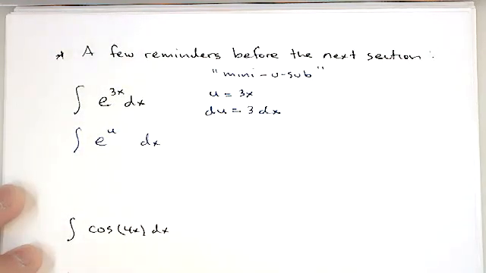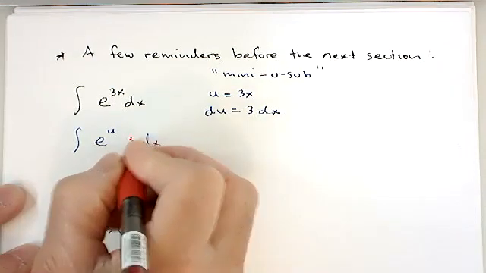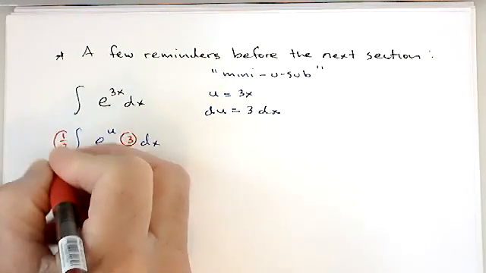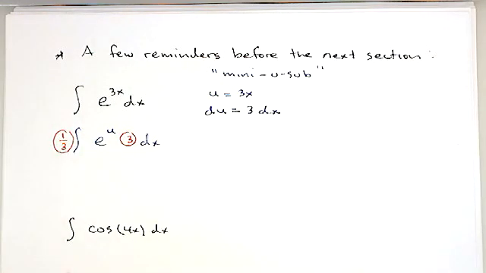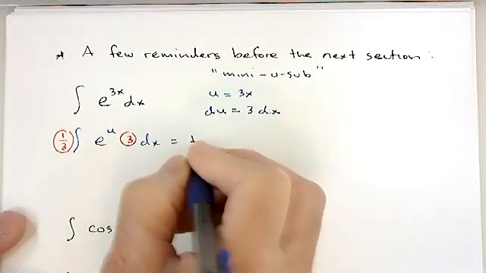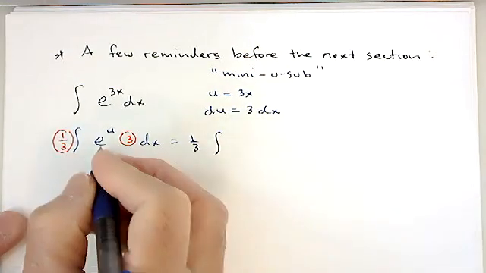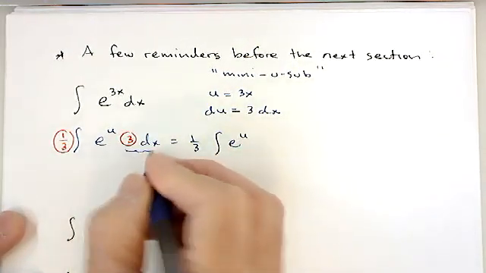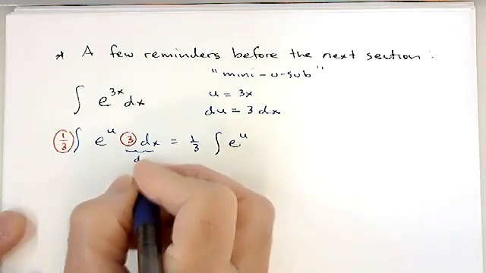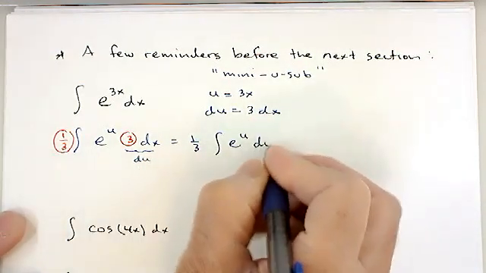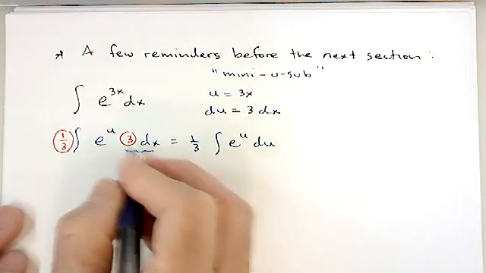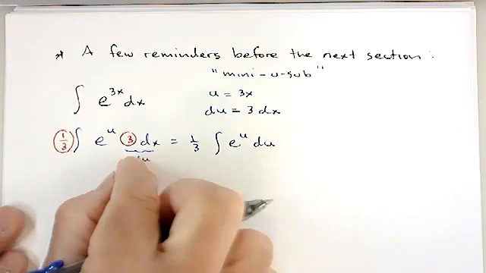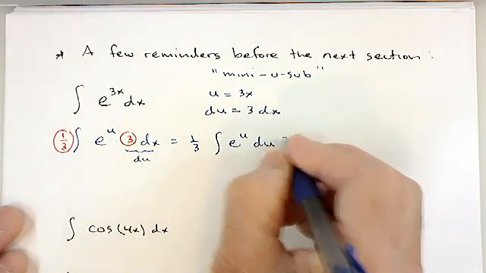So I would just need to wish for a 3, compensate with a 1/3 outside, and this turns into e to the u, and the 3dx is a perfect match. That just becomes du, right? I can just trade that in, like 4/4 is equal to $1. They don't look the same, but they're equal. 3dx equals du, so I'm just going to swap it out, call it du.